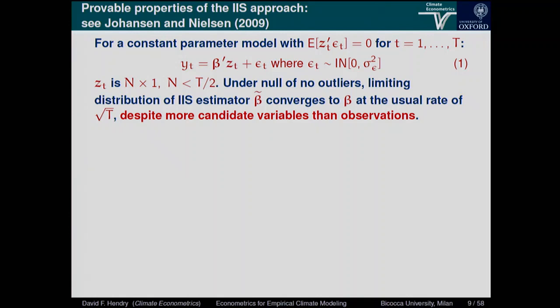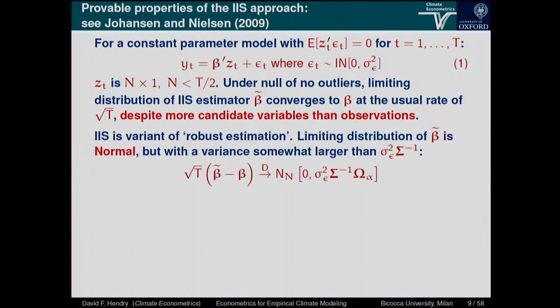Then under the null of no outliers, the limiting distribution of the estimator you get after doing impulse indicator saturation, which I've denoted beta tilde, still converges to beta at the usual rate of root T, despite the fact that you've got more variables and observations.